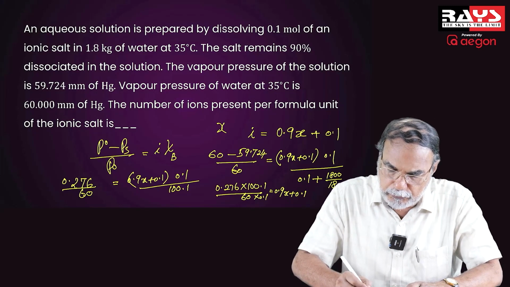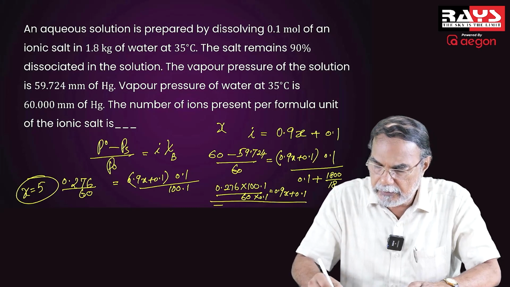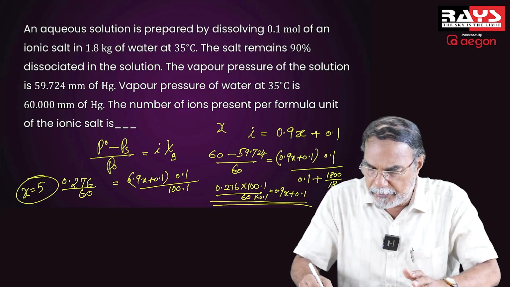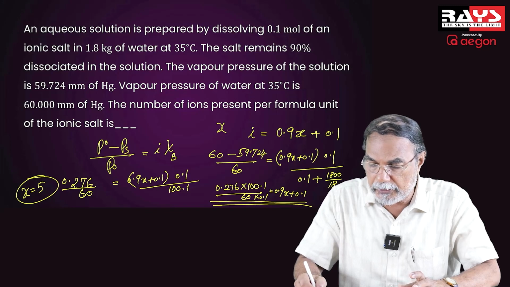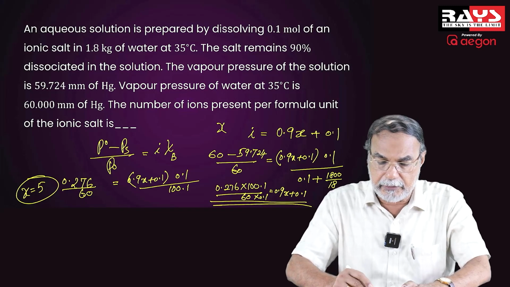X will be equal to 5. We will get the answer. This is the equation from which you can solve it. Now suppose you take this as 100, it will be 27.6 by 6 is equal to 0.9x plus 0.1. You can easily solve and get the result.